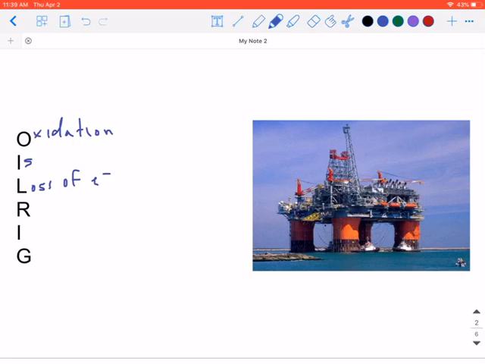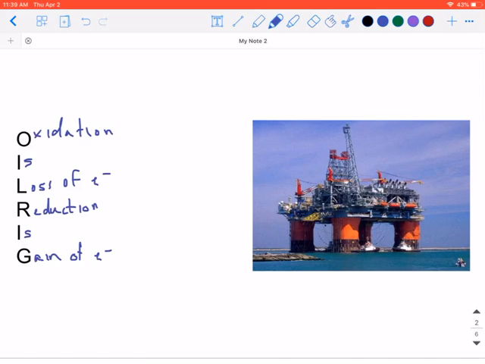Then you could probably guess the RIG part, but the R stands for reduction, and then the I still is, and then the G is gain of electrons. Okay, so just a little acronym to help you out as we move forward writing these half reactions.